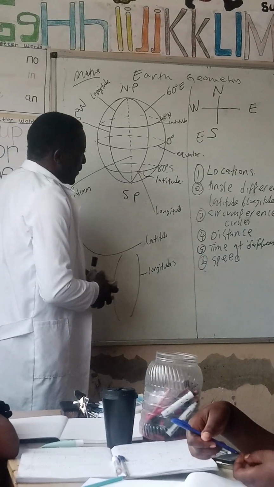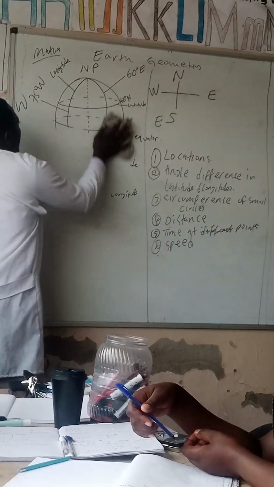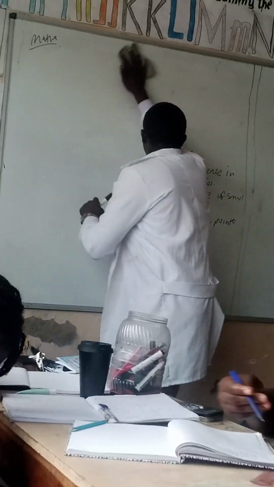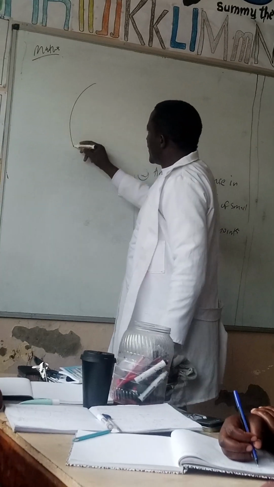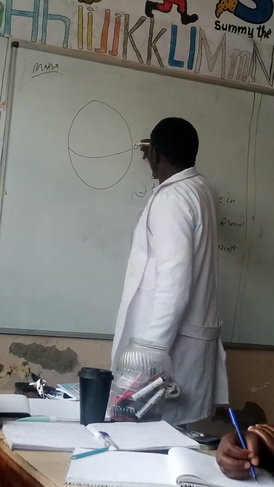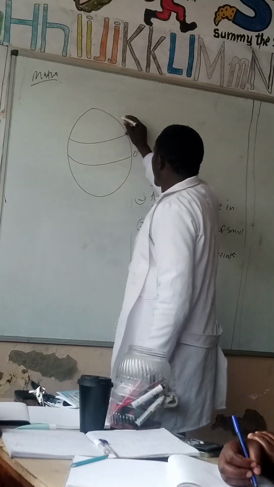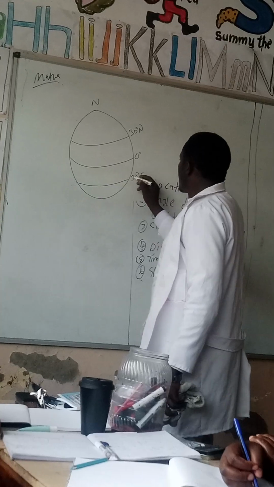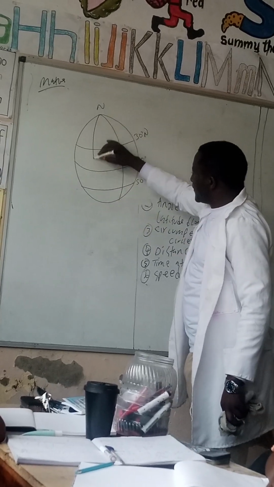Having known this, we can try this. So we now know the guideline. When I say locations, they will ask you. Let's imagine there is north here. We have 50 degrees south. So these are latitudes, right?